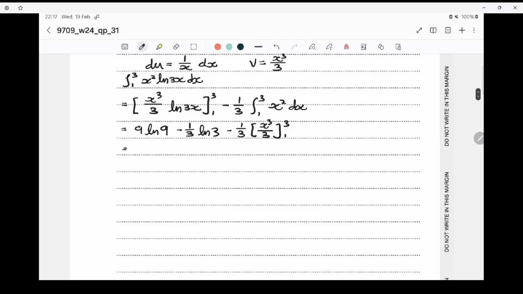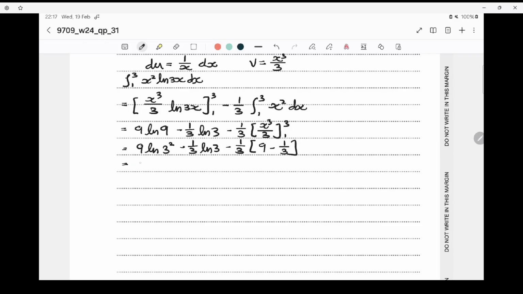You can change 9 ln 9 into 9 ln 3 squared. Over here, what you have is 9 minus 1 over 3. So you try to evaluate everything.